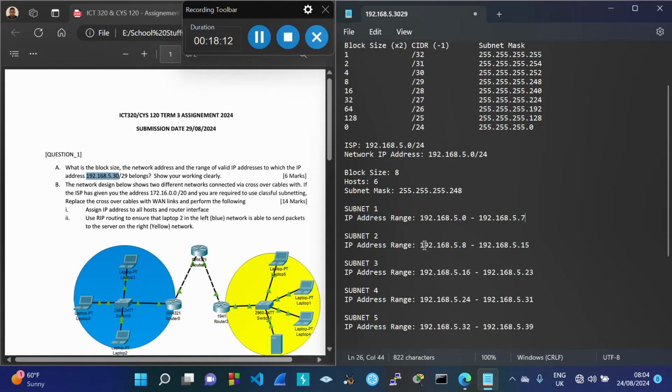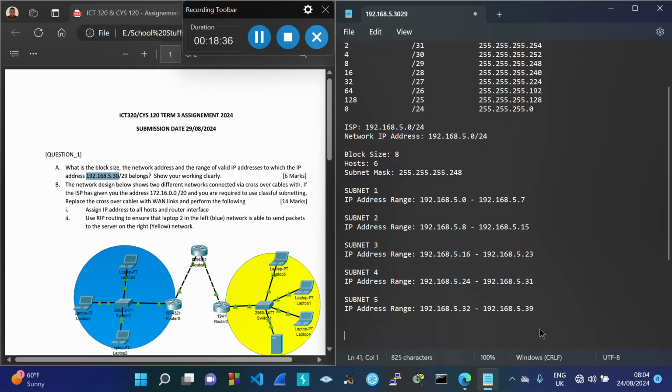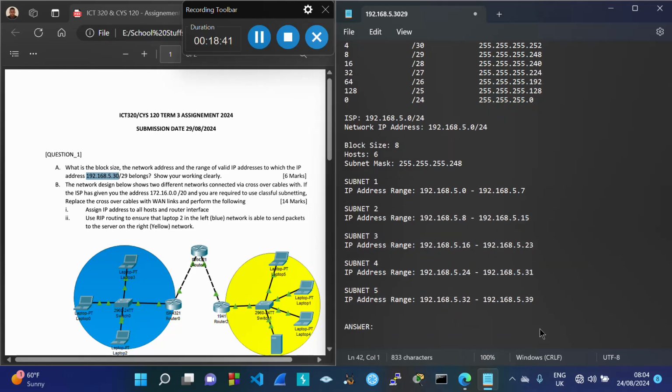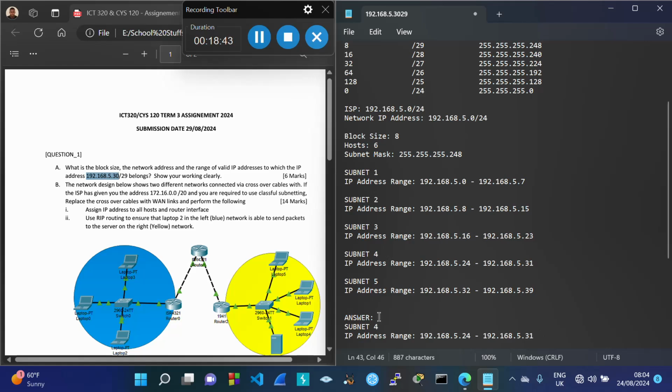No. Can 8 to 15 assign .30? No. Can 16 to 23 assign .30? No. Can 24 to 31 assign .30? Yes. So subnet 4 is our target. So I'll copy that and say answer. Okay. So subnet 4 is our target.